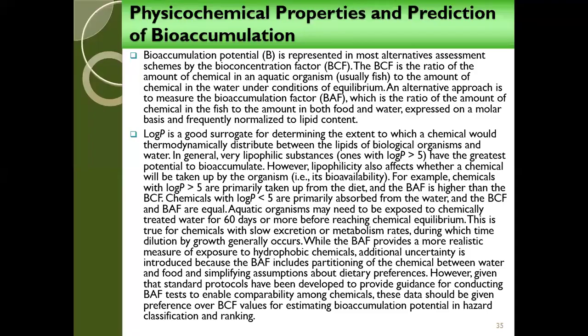So we are also told that there is an alternative approach to measure bioaccumulation factor. And bioaccumulation factor is a ratio of the amount of chemical in the fish to the amount in both food and water, expressed on a molar basis and frequently normalized to lipid content.